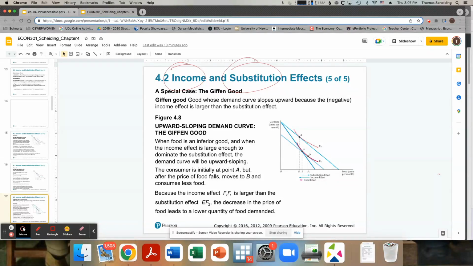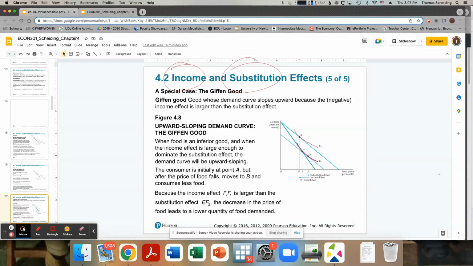I don't know why you would want to give this any of your mental bandwidth. And yet, textbooks still talk about it. And if I don't do it, you're going to tell your next econ professor, hey, Scheiding doesn't cover the Giffen good in intermediate micro. And then, I don't know, people will throw upward sloping demand curves at me.